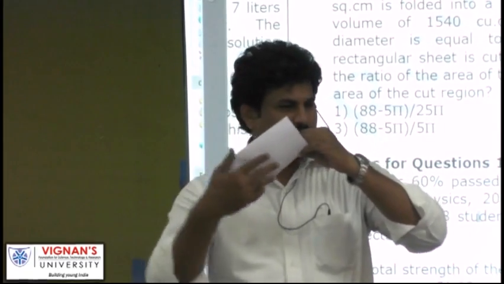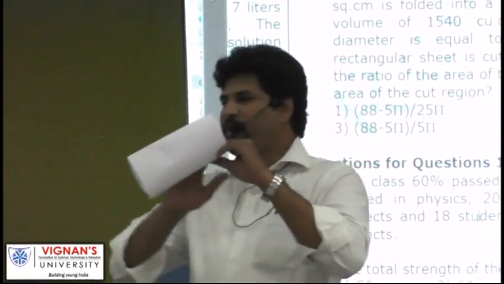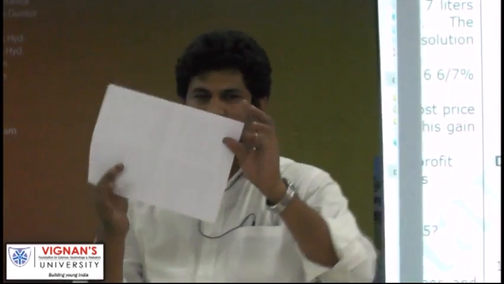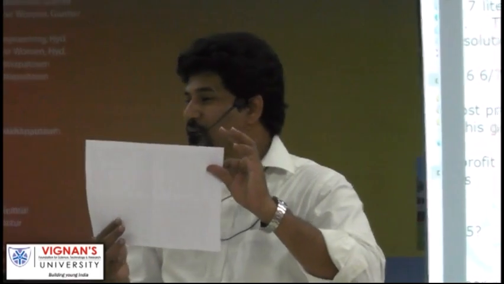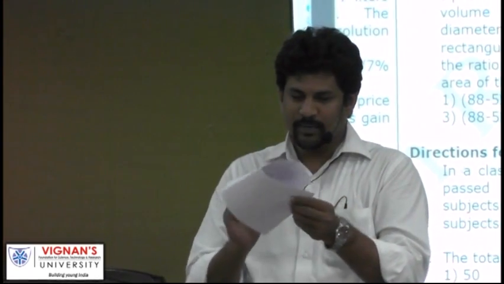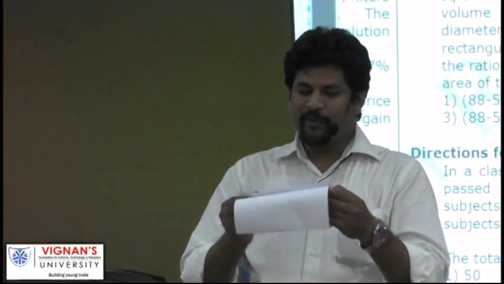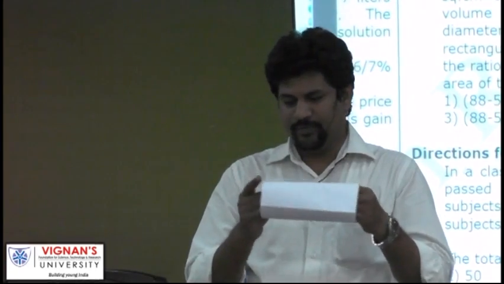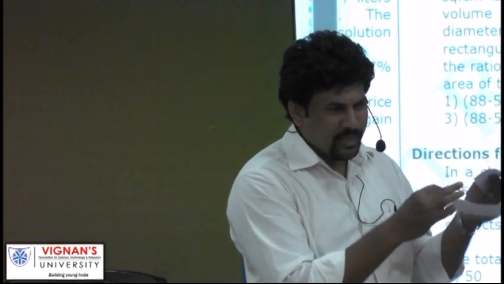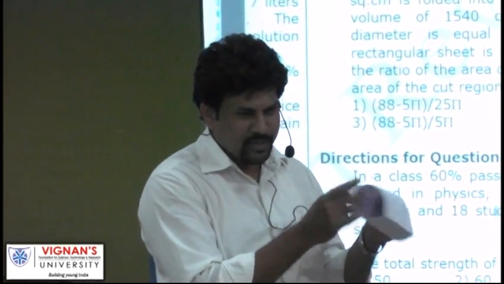The curved surface area of the cylinder is the same as the area of the sheet. First thing, right? Now one more thing. What is this dimension? Length. Length of the sheet is the same as the circumference of the base of the cylinder.